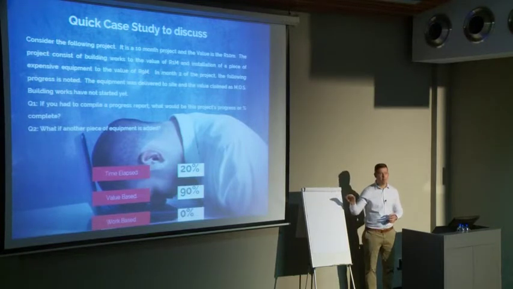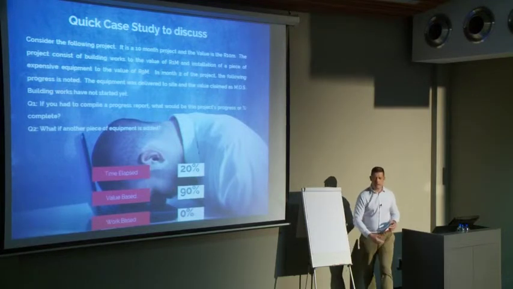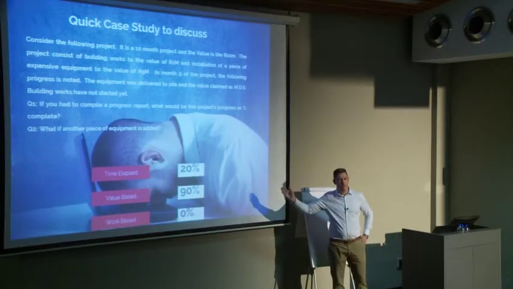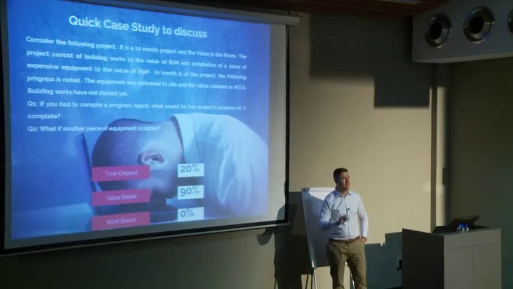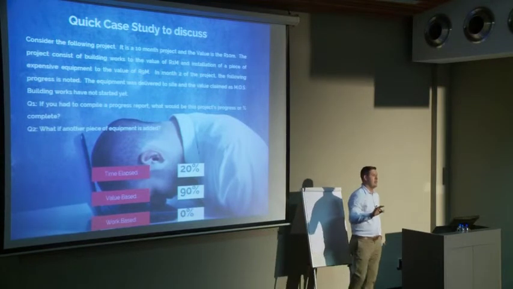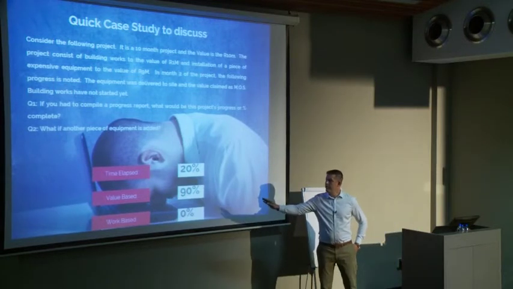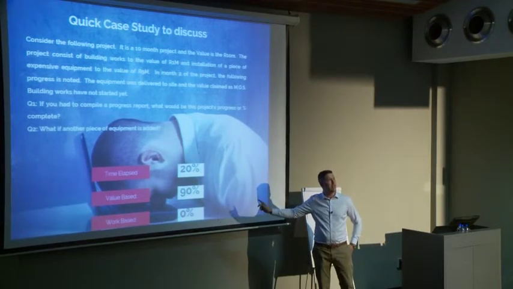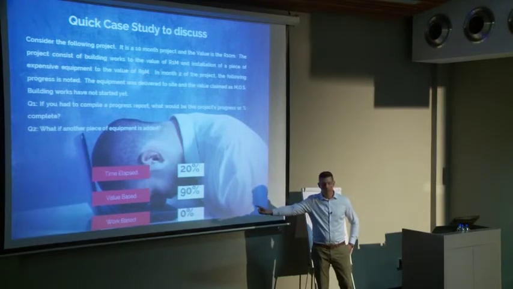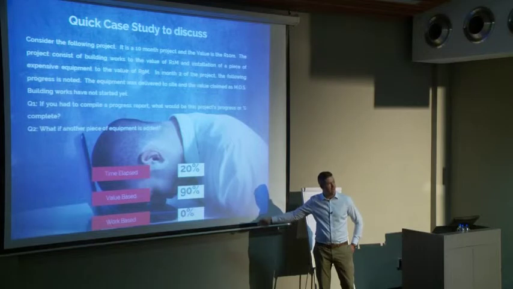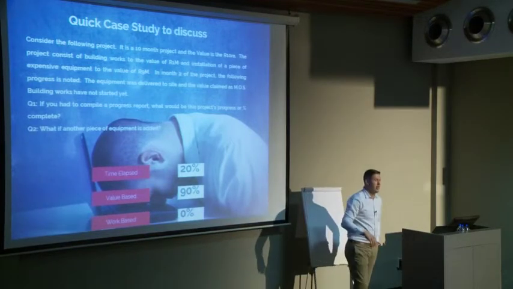These 3 metrics can't be compared with each other, because now we are comparing pears with apples with bananas. It's 3 different metrics. So what we can do is compare the planned value versus the actual value. That's apples with apples. We can compare planned work-based versus actual work-based. Now we are talking apples with apples.